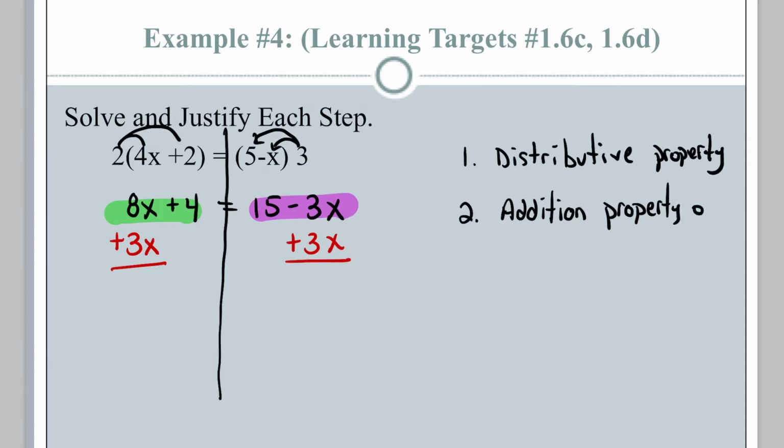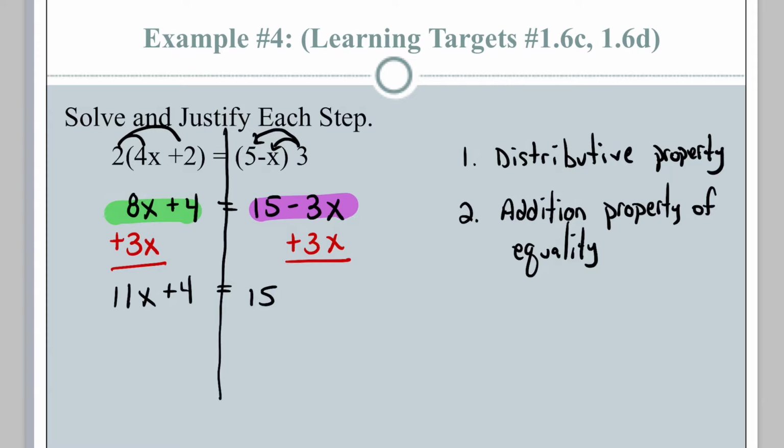And because I added on both sides of the equal sign, it's the addition property of equality. And now combining my like terms, 8x plus 3x is 11x, plus 4 equals 15 plus 0, but I do not have to add the 0 in necessarily because of the identity property of addition.